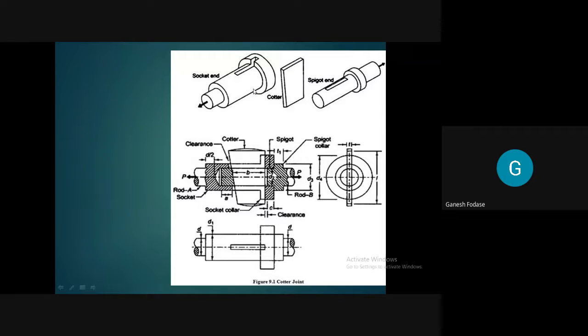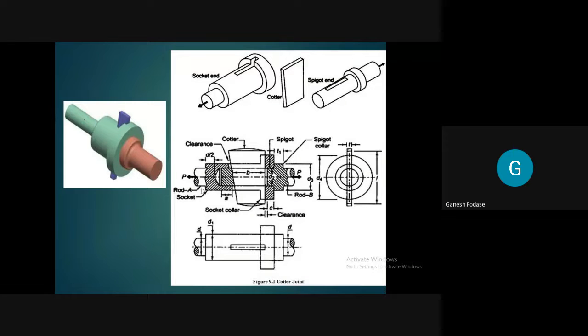The quarter joint on the screen is a socket, spigot, quarter joint. The name indicates three elements. I have told you this is the assembly in front view, side view, and top view, and this is just a 3D diagram of this quarter joint. Now tell me, this green color is what? Which element is this one? Socket.